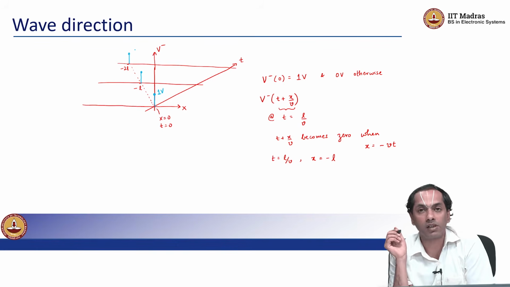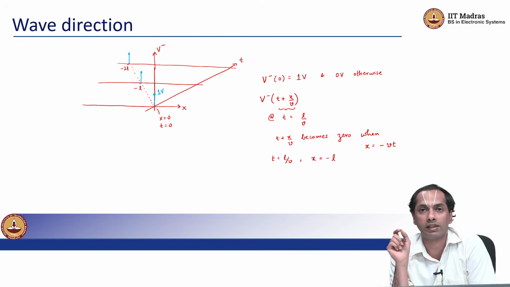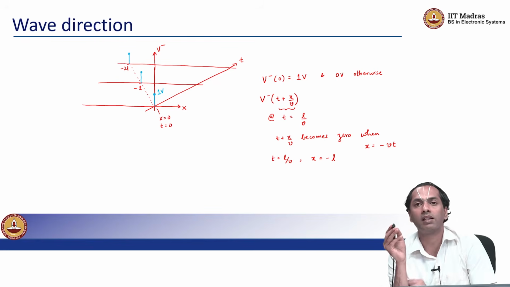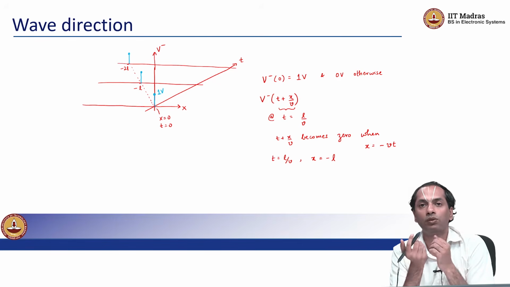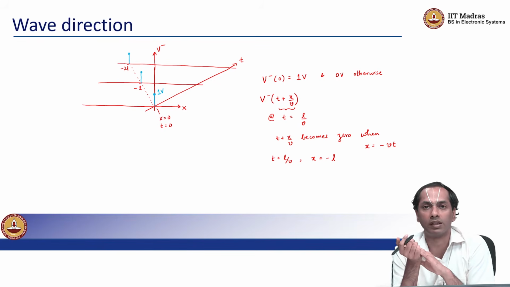So if I have a function whose argument is t plus x by v, that is, the signs on t and x by v are the same, such functions, if I look at how the voltages evolve, I notice that the voltage essentially moves in the negative x direction for positive times in the future. So you can compare and contrast the two functions that make up the general solution to the voltages and currents that come from the wave equation.